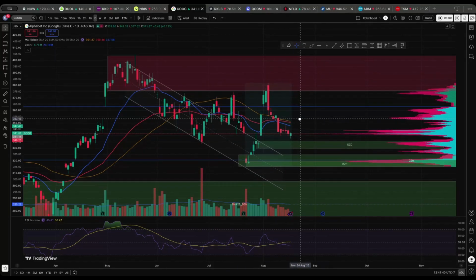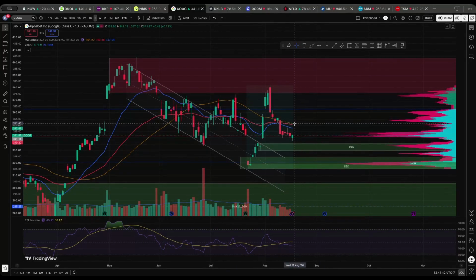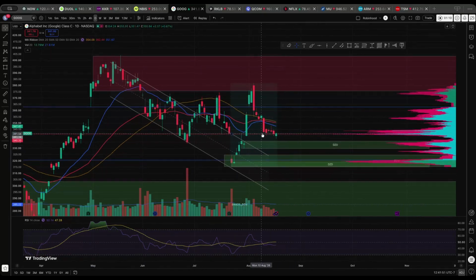Right now, Google is trading around $240. Yeah, 241, around that area. Now, what makes this zone really important is the volume. You can see those big green candles, and I have a volume profile here, so you can see the point of control with the red line around this area.